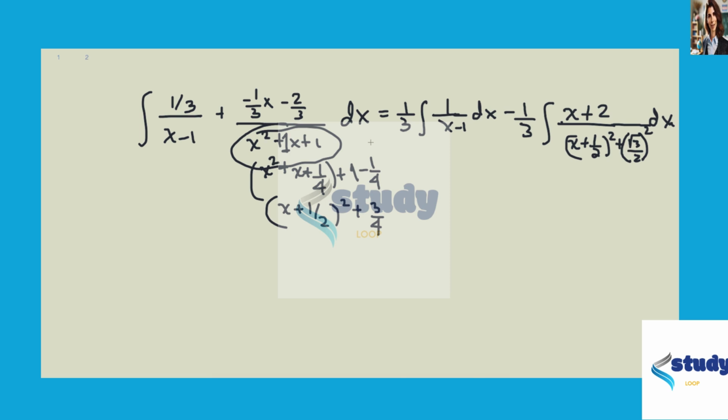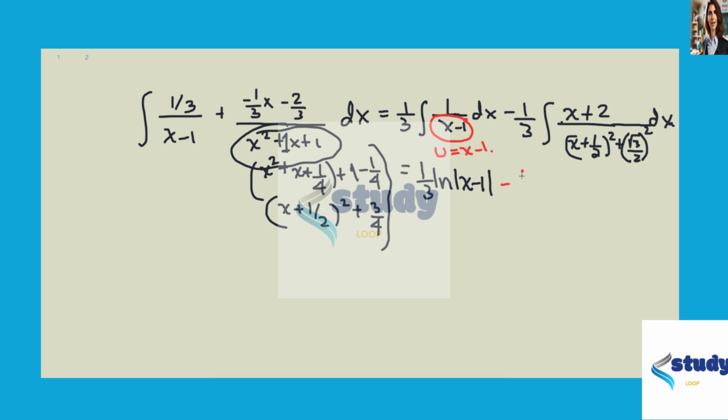So for the first integral, this is just 1/3 natural log, absolute value x minus 1. Now if this minus 1 is bothering you here in the bottom, feel free to do a u sub. And then for the other integral here, you may go ahead and try trig sub right now.